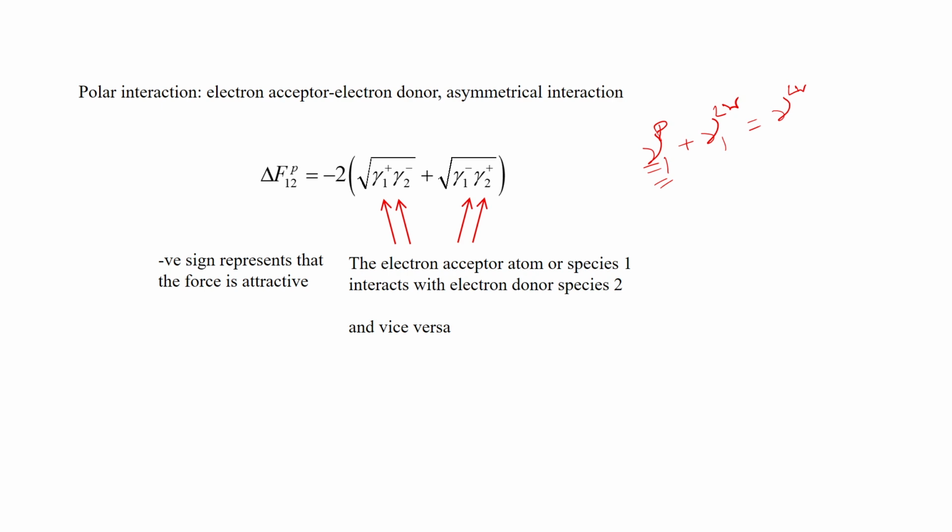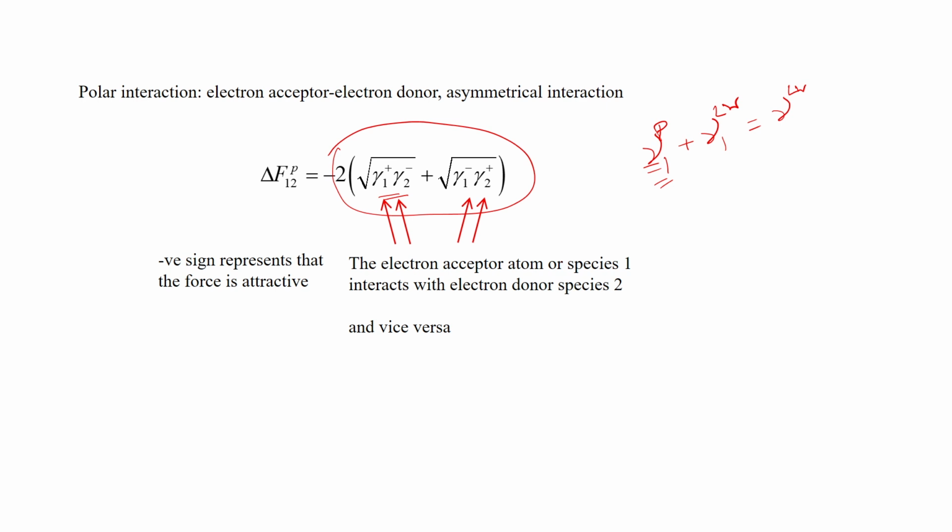Here, this part defines the interaction between the electron acceptor part of species 1 with the electron donor part of species 2. So, gamma 1 plus should interact with gamma 2 minus, and gamma 1 minus should interact with gamma 2 plus.